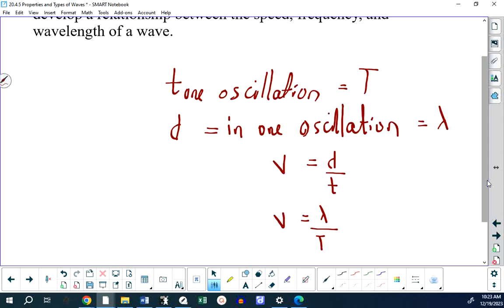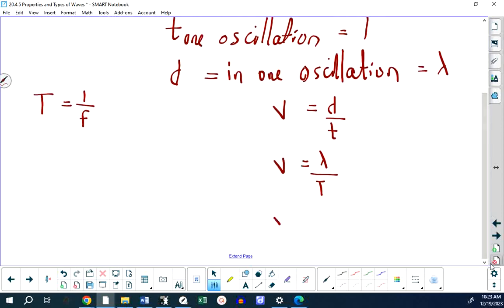You're familiar with the idea that there are frequencies of sound, and we can't hear all frequencies. Okay? Well, we want to change this equation, and since period is the reciprocal of frequency, I can write the speed as the wavelength over the reciprocal of the frequency.